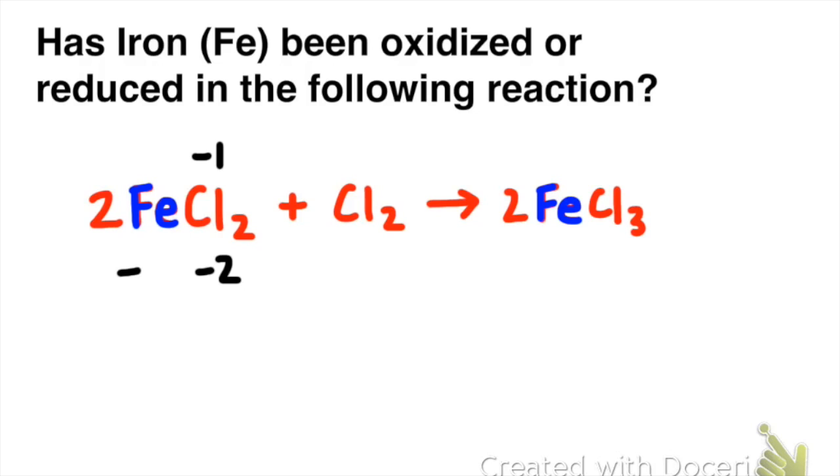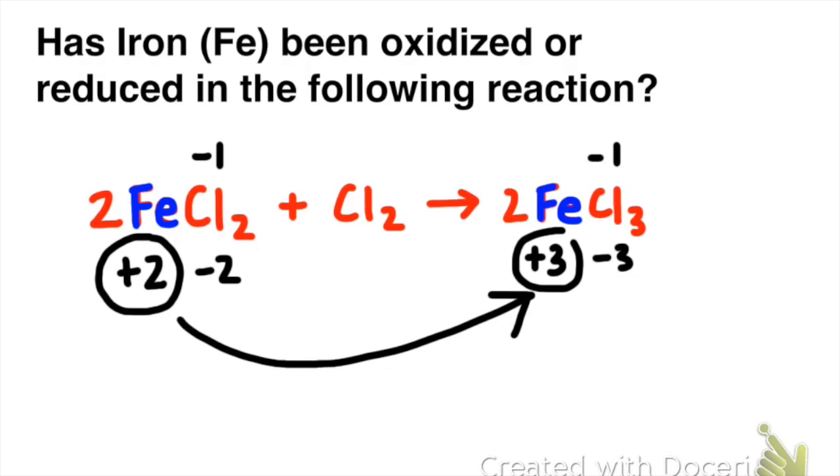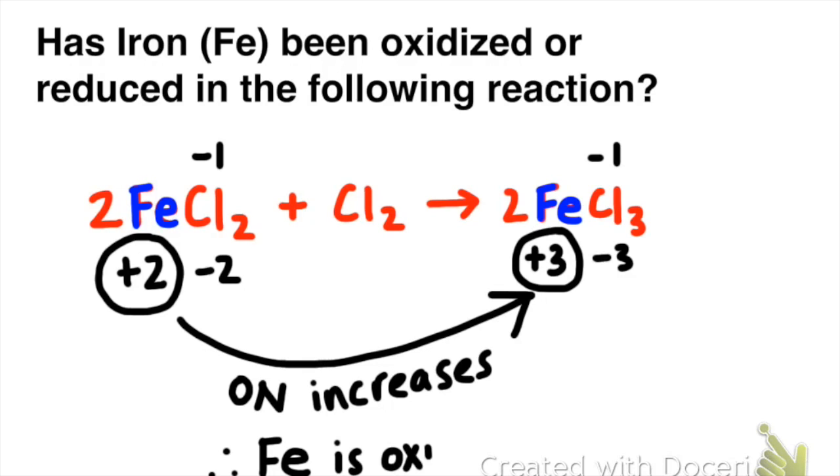It's a neutral compound, and so Fe must be +2. On the right-hand side, again chlorine -1, there are 3 of them now, and so it must be -3. So Fe then has to have an oxidation number of +3. So what's happened to Fe? It's gone from +2 up to +3. The oxidation number has increased, and therefore we can conclude that Fe is oxidized.